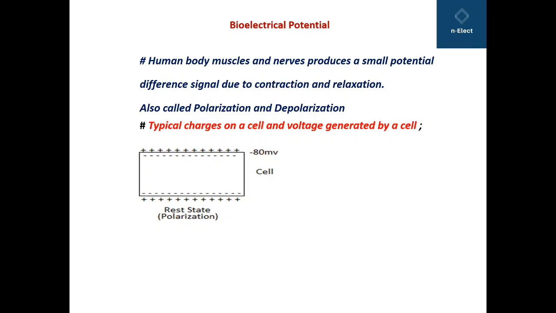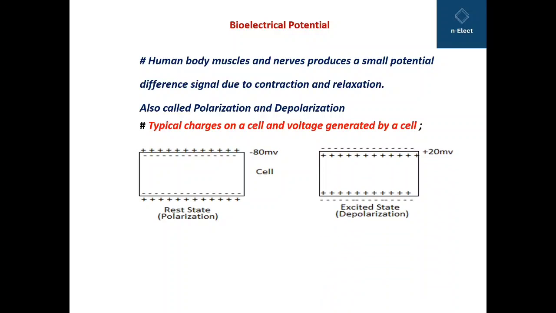So here you can see when the body is at rest state, which is also called polarization state, at that time the cell, we have shown this rectangle as part of the cell, and at the outer surface of the cell you can see the positive charges while the inner surface has negative charges, and the voltage which exists here is around minus 80 millivolt, which is very less.